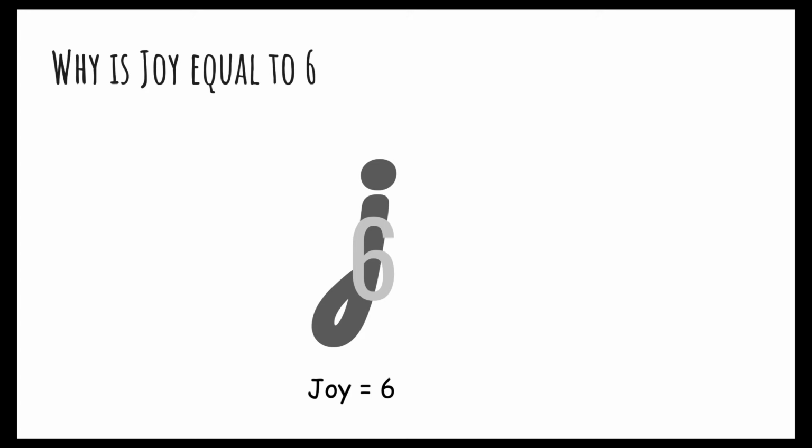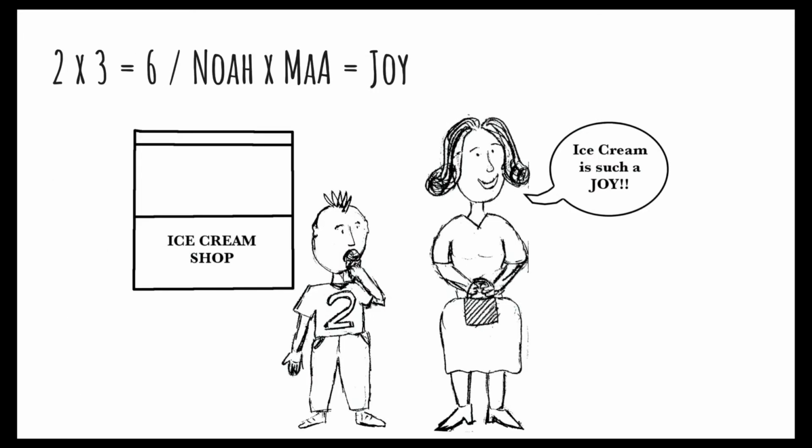Thus, J here represents 6, and a word from J is joy. Thus, joy equals 6. Going back to our story, Noah times ma equals joy.